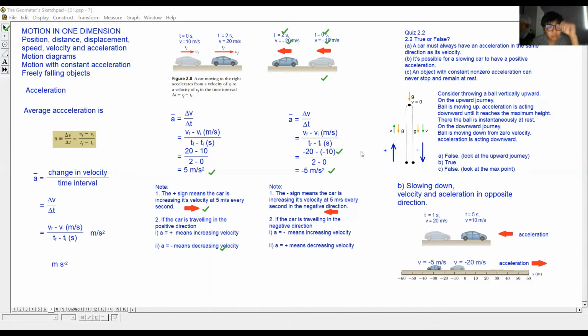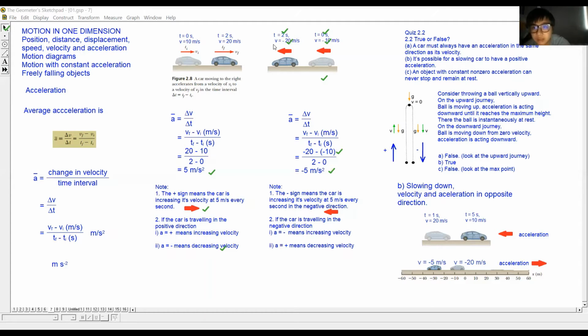Now, does this mean that the velocity of the car is decreasing? Well, the acceleration is negative. So is the car decreasing its velocity?